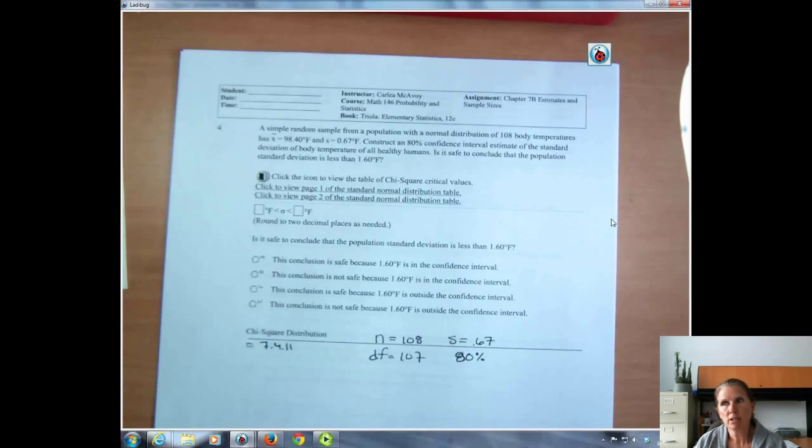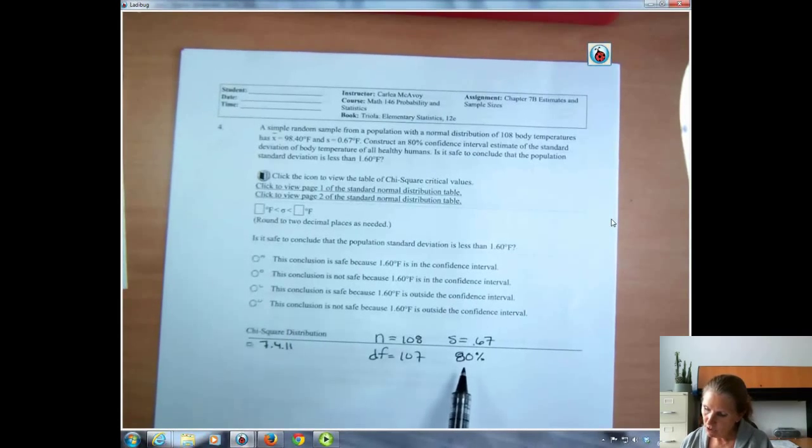If I want to say I'm 99% sure, that means I'm pretty sure, and to be pretty sure, I better cast my net pretty wide to make sure I include all those values. Whereas if I'm only 80% sure, I can have a smaller range because I'm not totally sure about it. So smaller number, smaller interval. Larger number, larger interval. That's how that works.